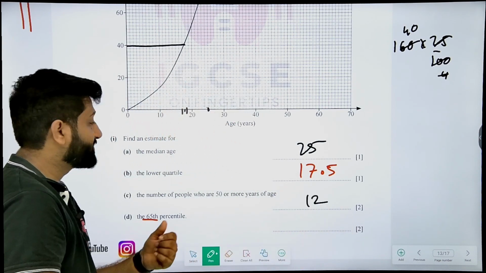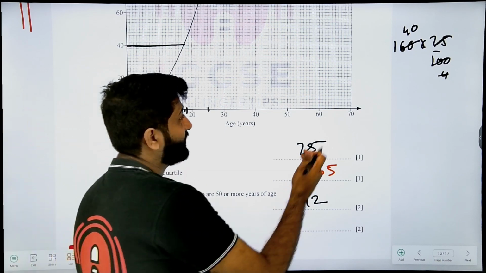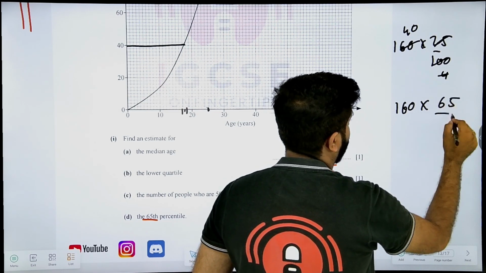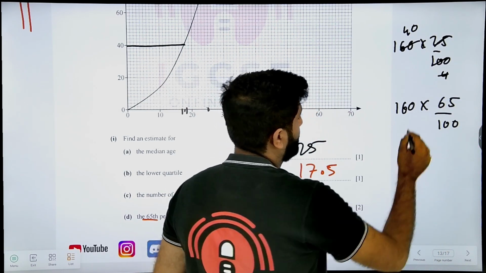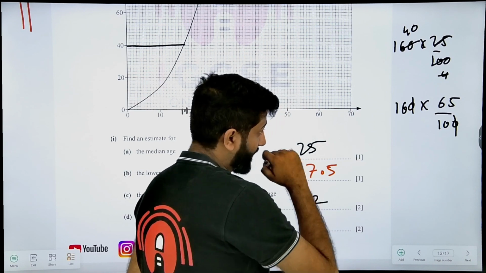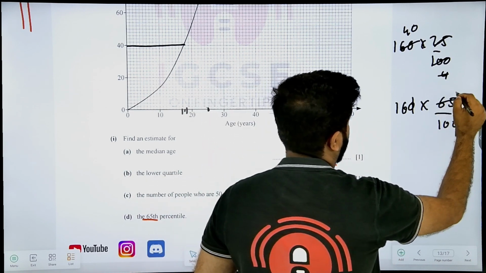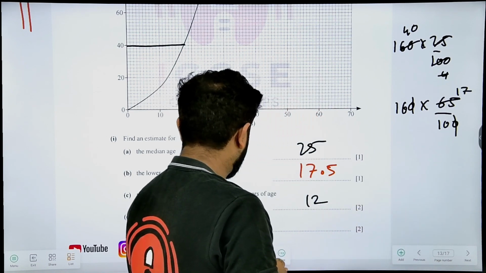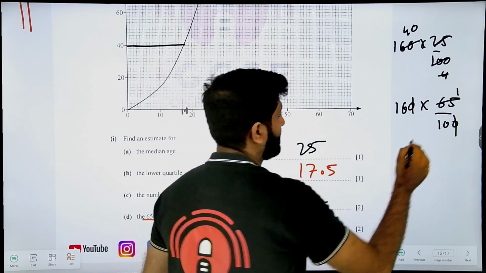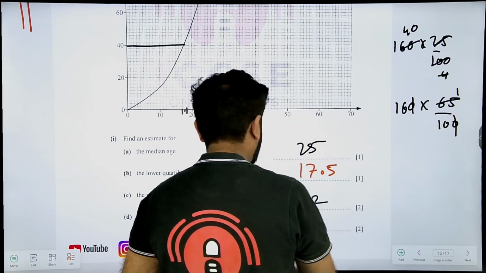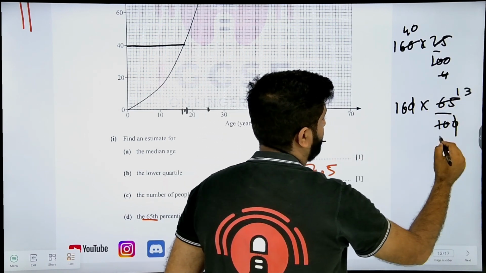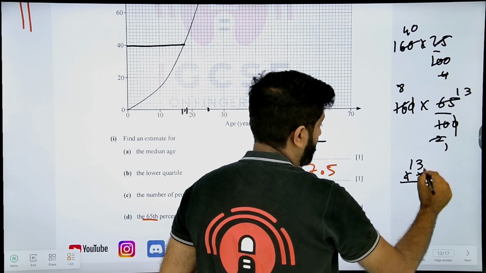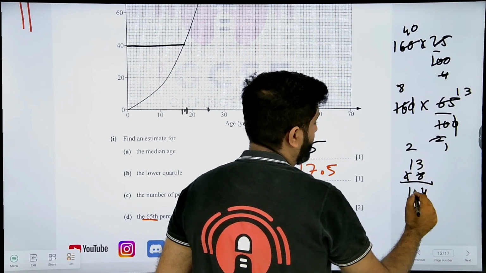Now next is find the 65th percentile, which means I'll have to find 160 into 65 over 100. So let me cancel this out. I have 5, 13 5s are 65, and 8 2s are 16, so 13 times 8. 8 13s are 104.